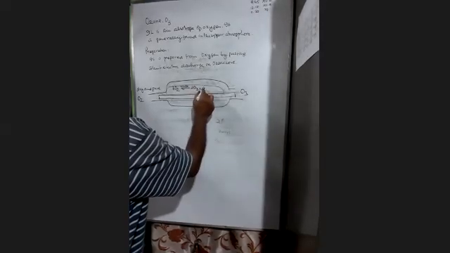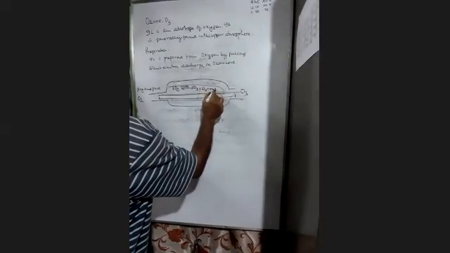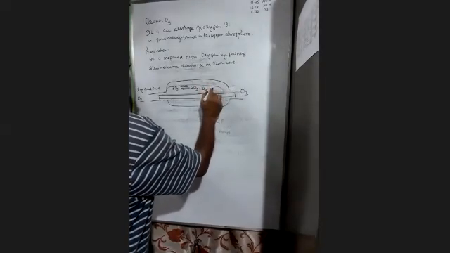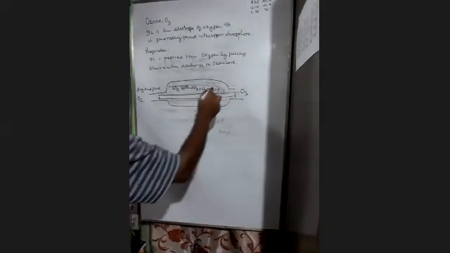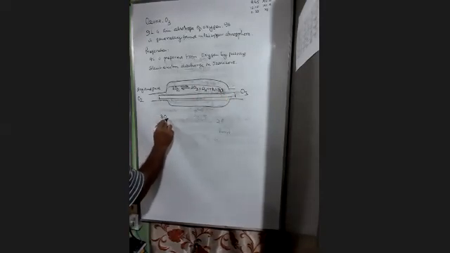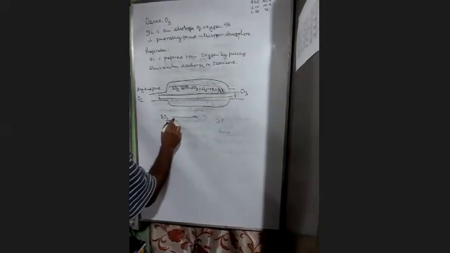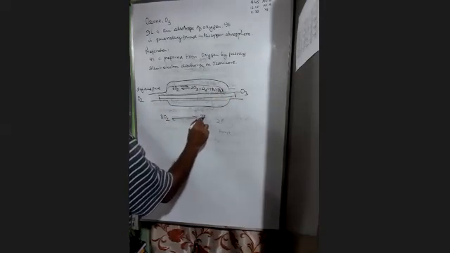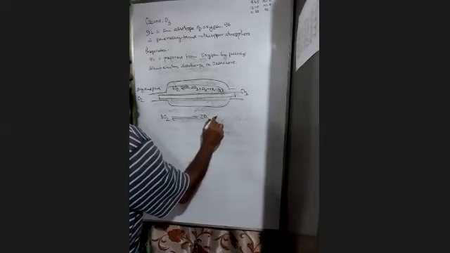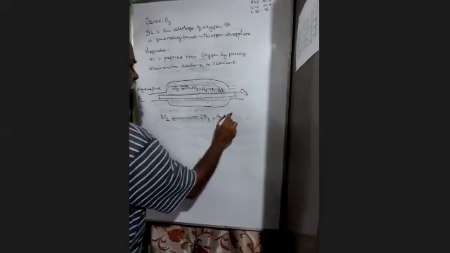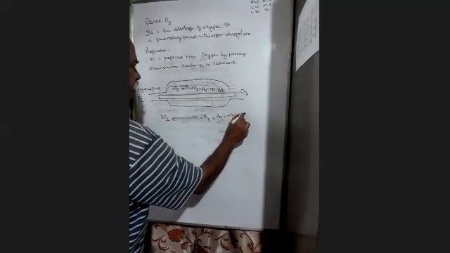No, delta H is plus 142.7 kilojoule. So I'll write it down here: 3O2 gives 2O3, delta H is plus 142.7 kilojoule per mole.